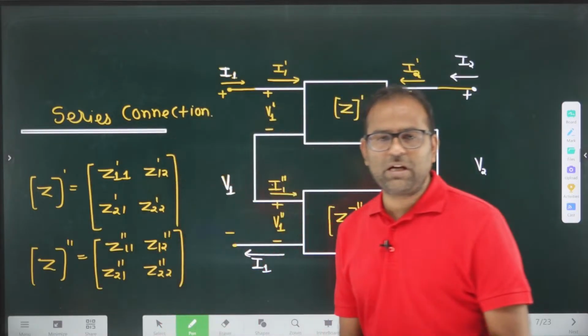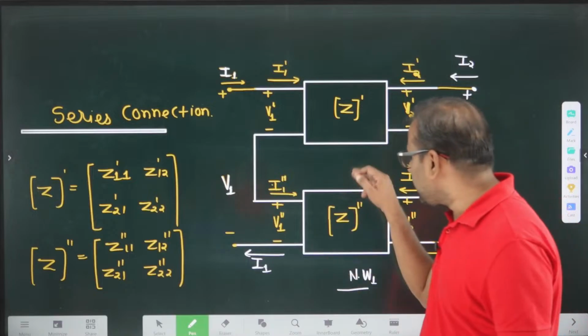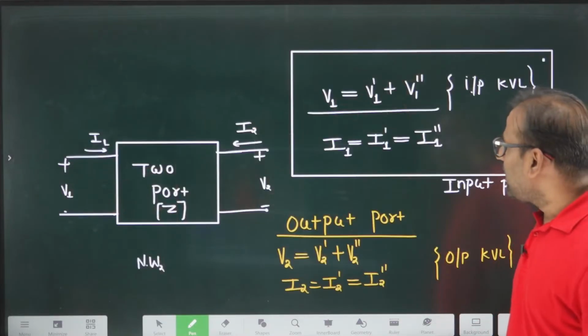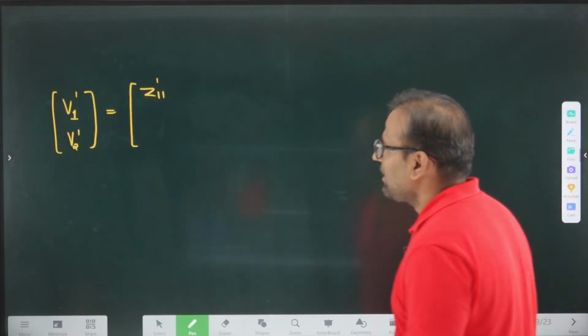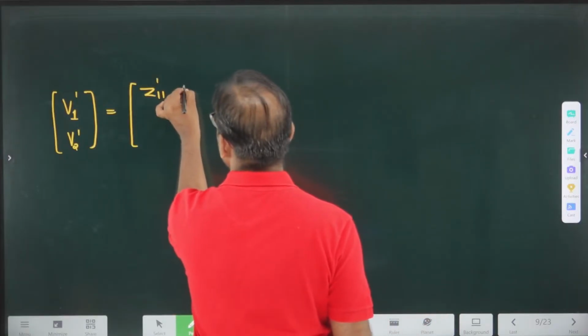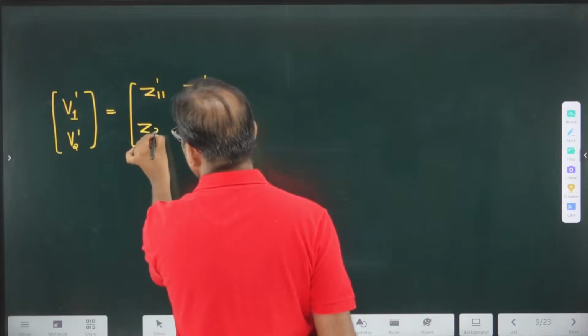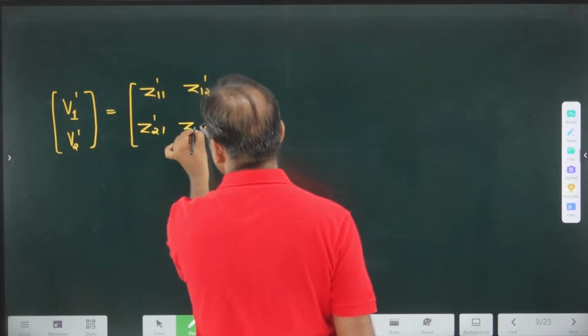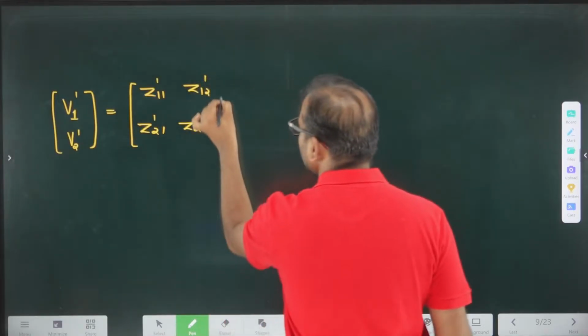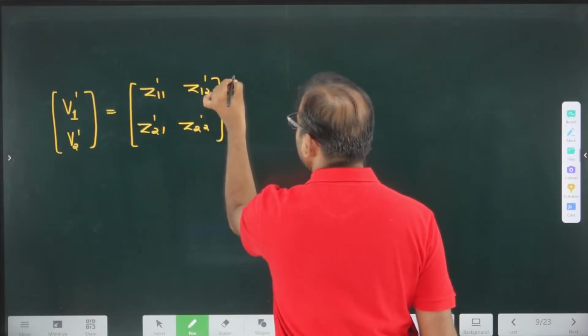ये हमने वैल्यू लिखा किसका? दिस इज द वैल्यू ऑफ दिस सेकेंड टू पोर्ट पैरामीटर नेटवर्क. नाउ जरा हम बात करते हैं इसकी. दिस इज Z11 प्राइम, देन ये Z12 प्राइम होगा, दिस विल बी Z21 प्राइम, this will be Z22 prime multiplied by what?